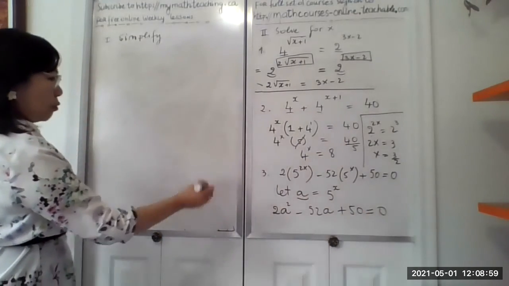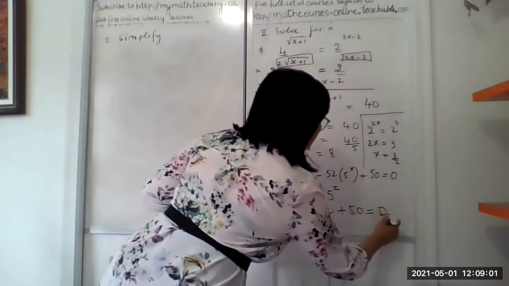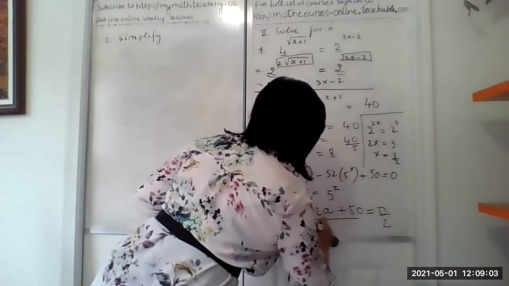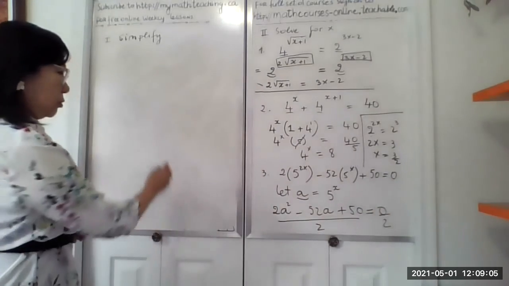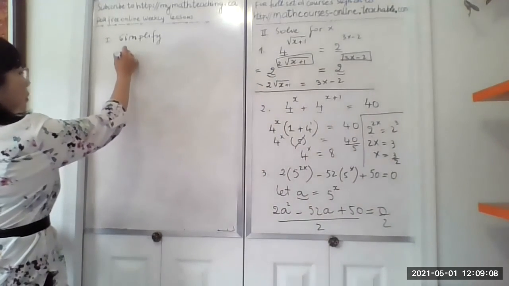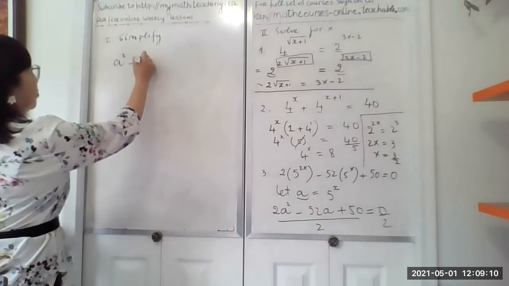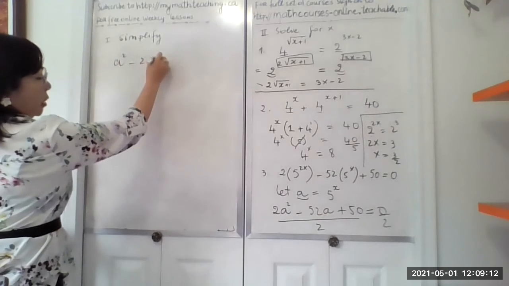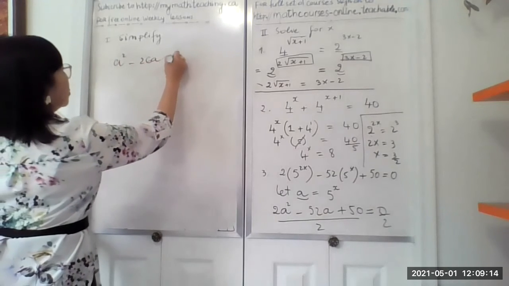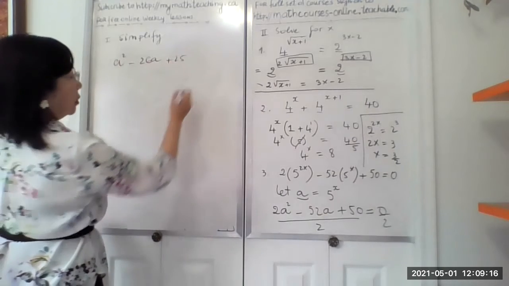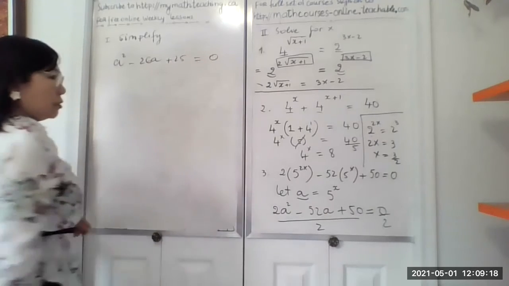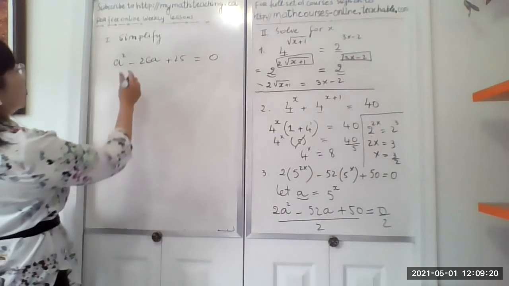I'm going to divide both sides by 2, and I'm allowed to do that. So I'm left with A squared minus 26A plus 25 equals 0. 0 divided by 2 is 0.